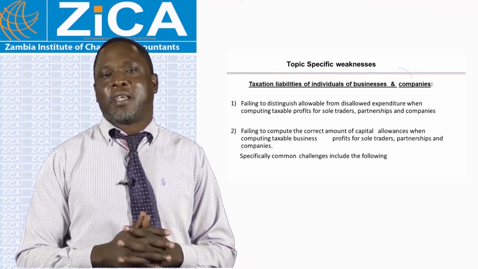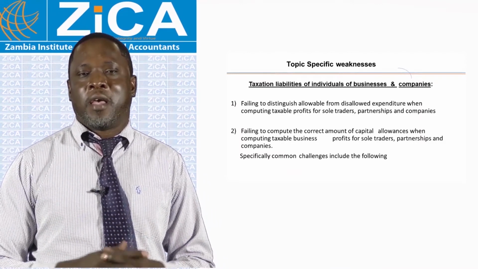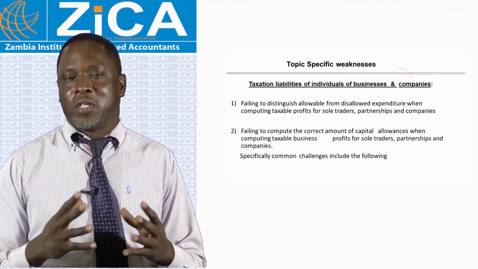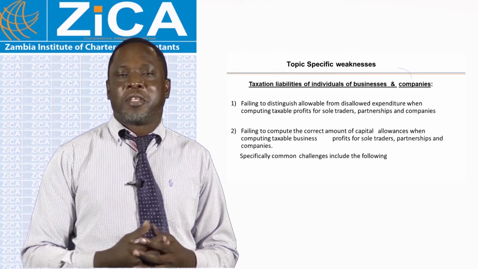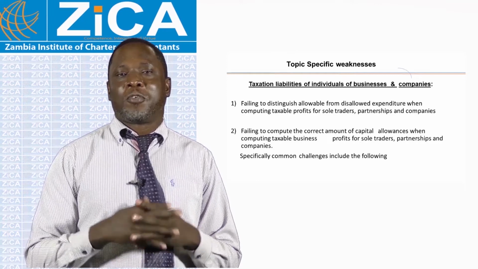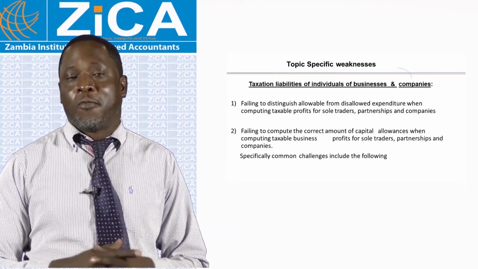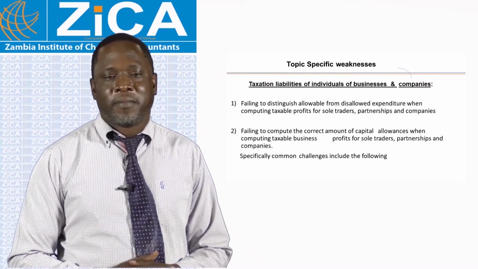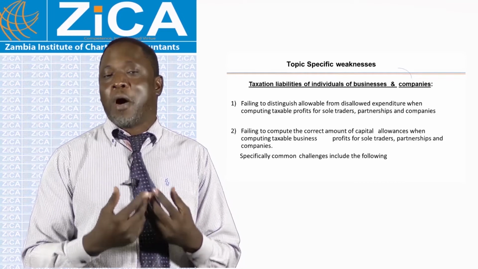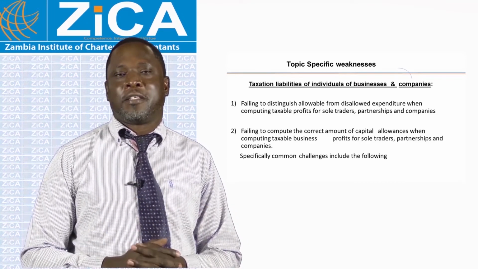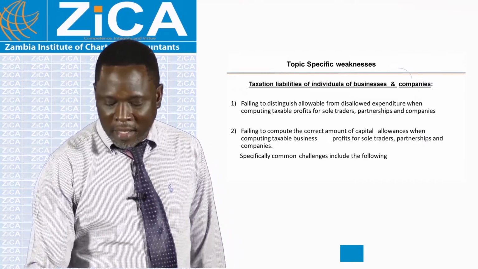That is a basic taxation principle which every student is expected to be able to demonstrate. A student dealing with this paper is expected to be able to demonstrate what is allowable and what is not allowable for taxation purposes. Students also fail to compute the correct amounts of capital allowances when computing taxable business profits.